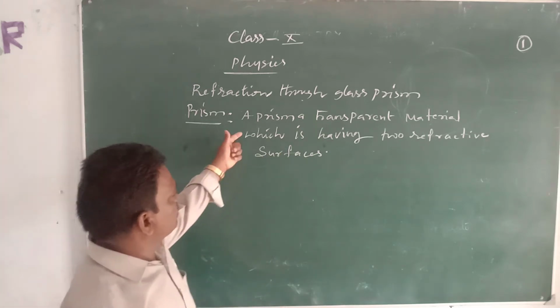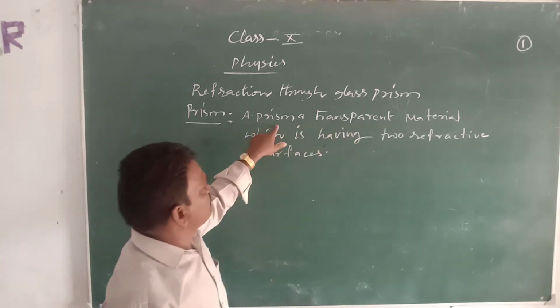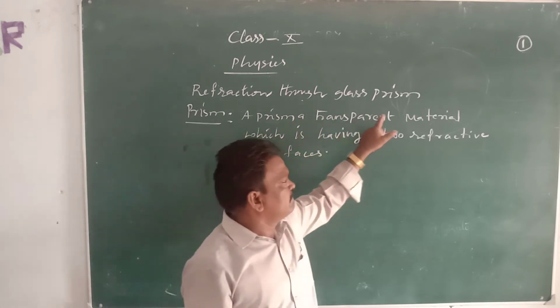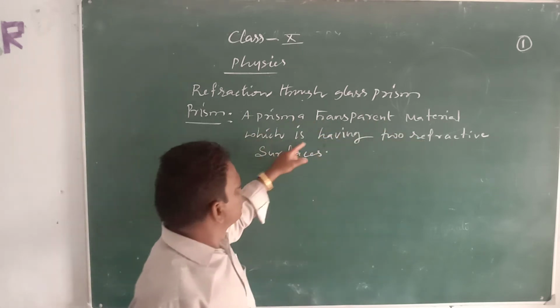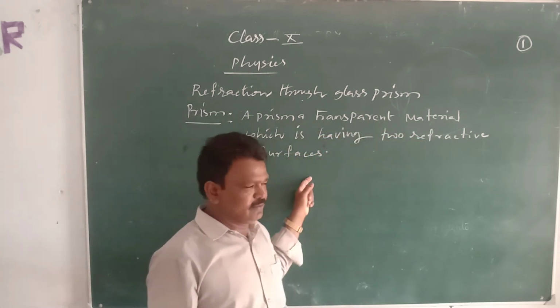So this is the definition of the prism. A prism is a transparent material which has two refractive surfaces.